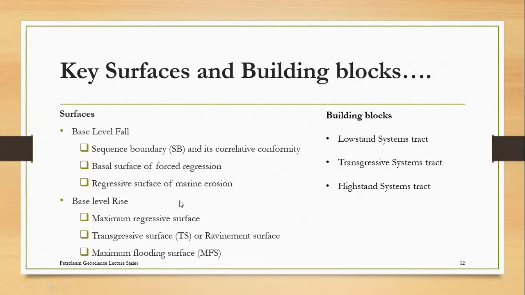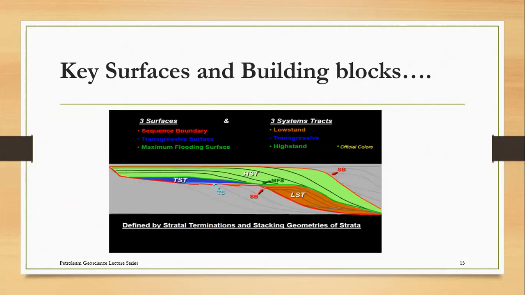Yeah. So just trying to look at it diagrammatically to really see the key surfaces and the building blocks. If you look at the red line below and the red line on top, both are sequence boundaries. In other words, they bound the sequence. All right.